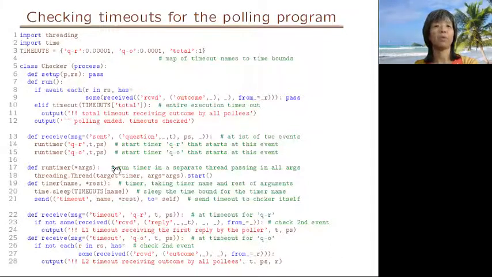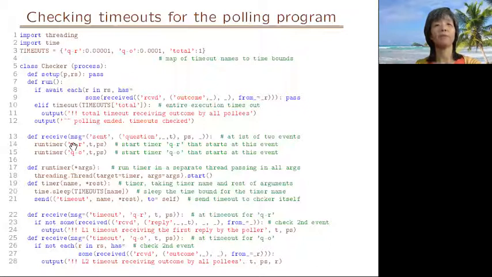Now checking timeout between any two pairs of events. Remember the two to check are from sending the question to receiving the first reply, and receiving the outcome. So when you receive the first of the pair of events, which is sending a question, you can start two timers.